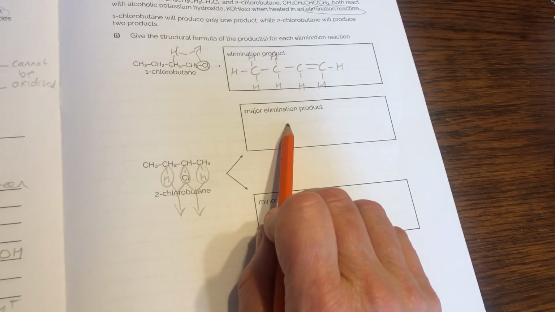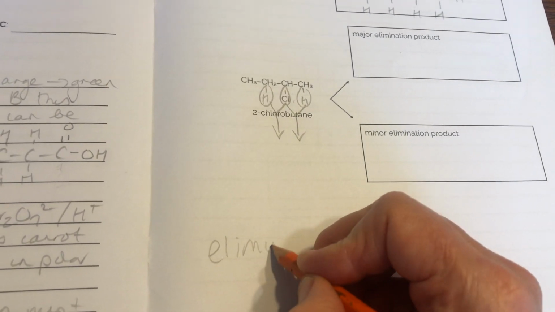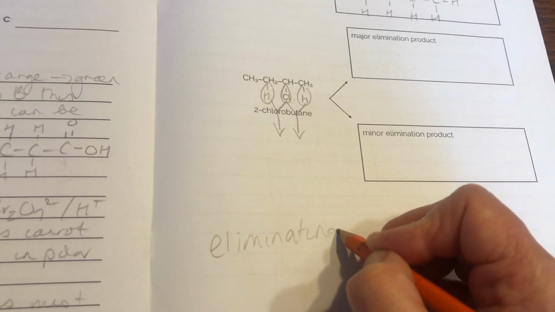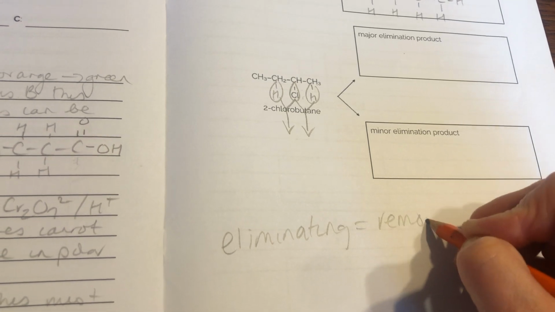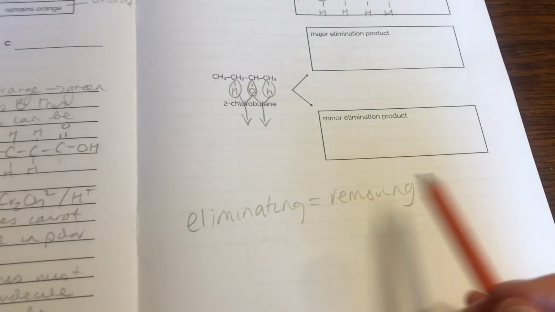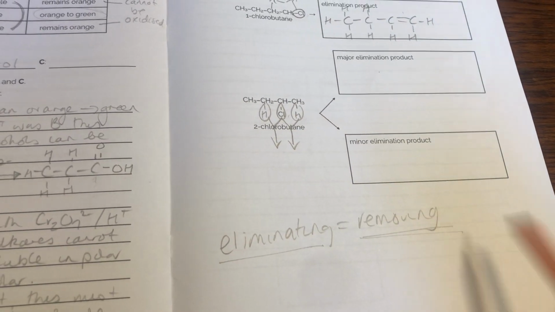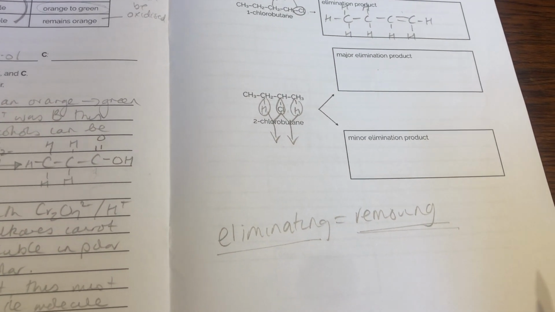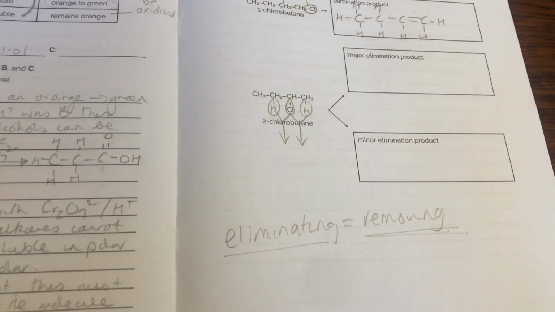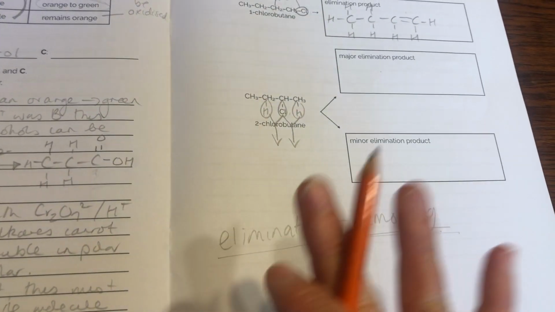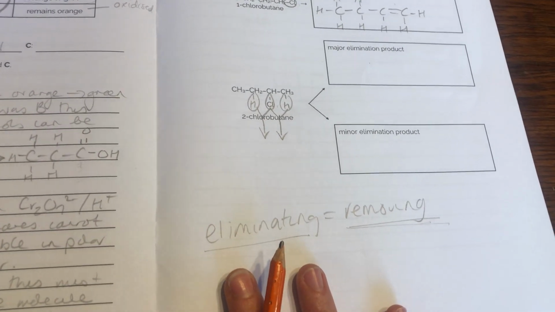So to make the major, because I am eliminating, which means removing. Eliminating equals removing. Some of you started to talk about adding something in. So in its simplest form, eliminating is taking away or removing. I'm not adding anything, that's addition. I'm not swapping anything, that's substitution. This is why the reaction type is so important.